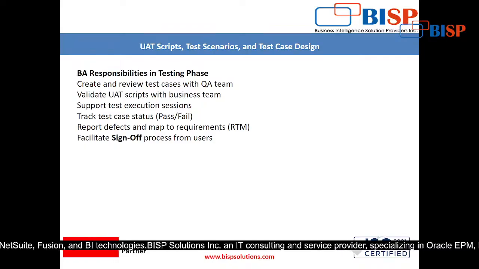Then only I will show it to the manager. So first the QA team will test this, and once they say okay, then I will show it to the manager or the client person, right? So validate UAT script with business teams. Okay.